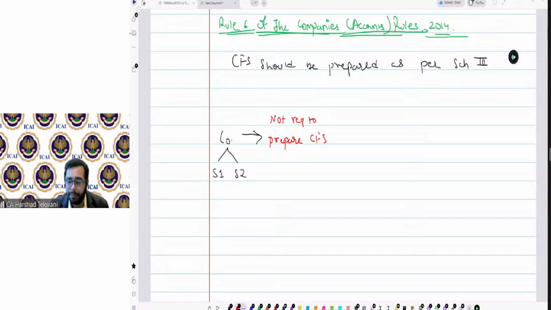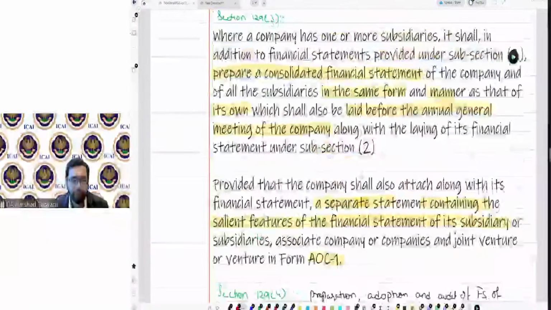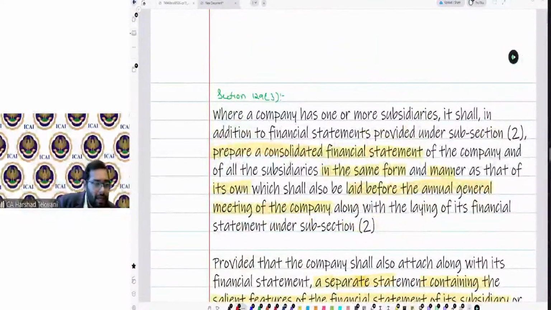When is this possible? Section 129(3) of the Companies Act again provides that companies with subsidiaries are required to prepare a consolidated financial statement. But is it possible that they have subsidiaries and still are not required to prepare a consolidated financial statement?